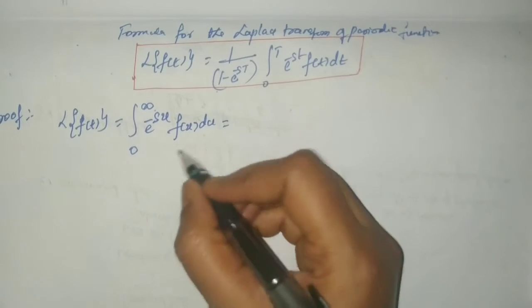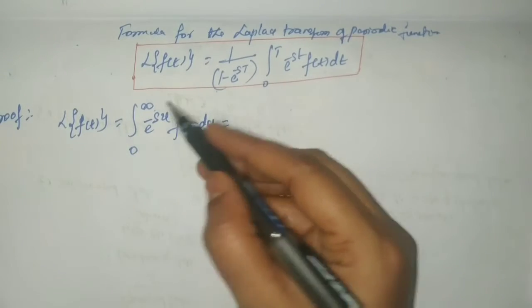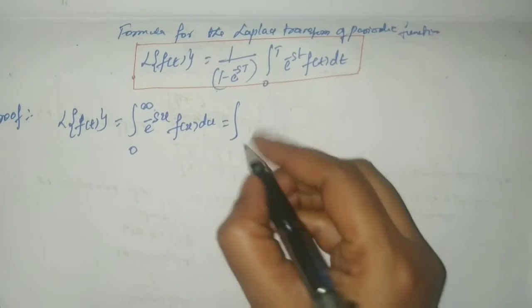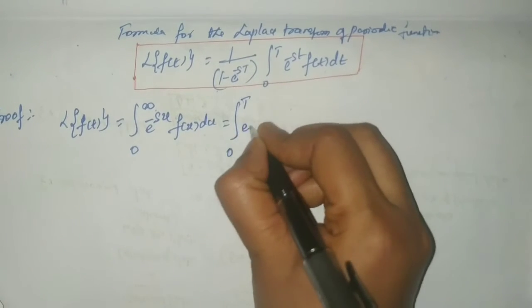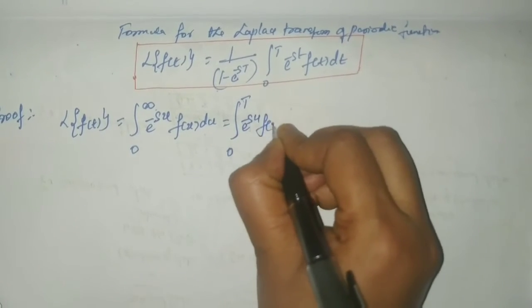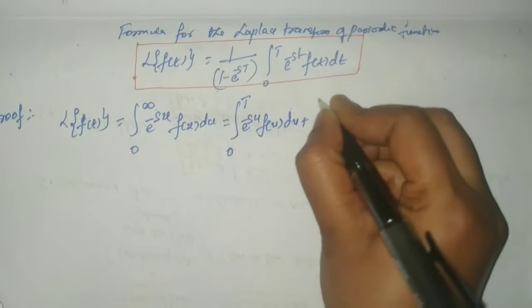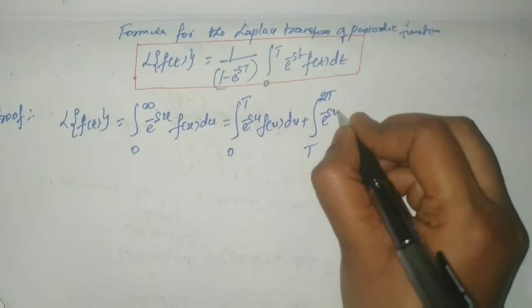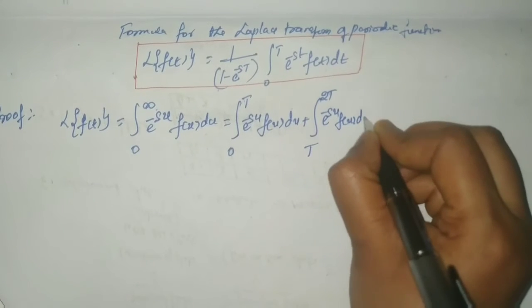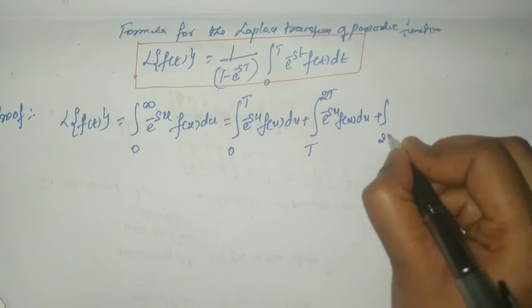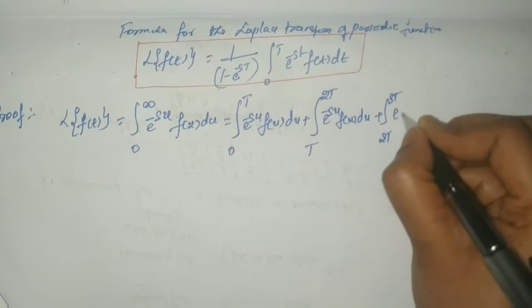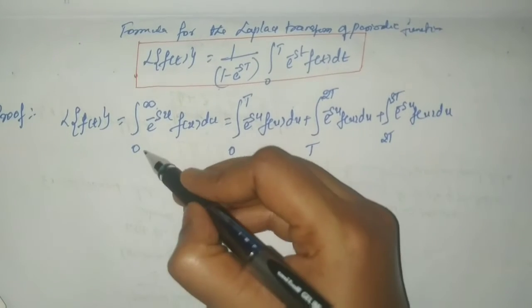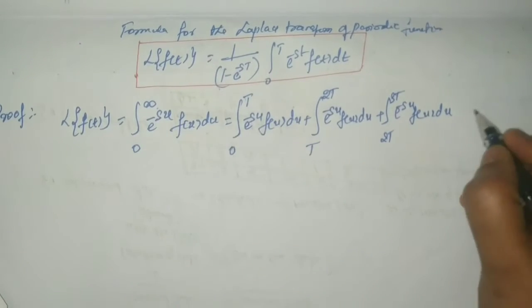This ranges from 0 to infinity. I can split this integral into finite integrals: 0 to T of e power minus su f of u du, again from T to 2T of e power minus su f of u du, plus the integral from 2T to 3T of e power minus su f of u du. The limit goes up to infinity.